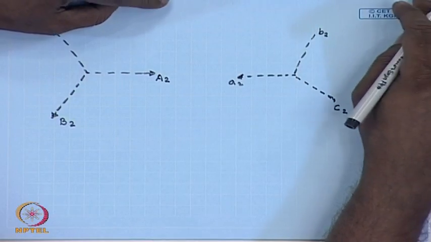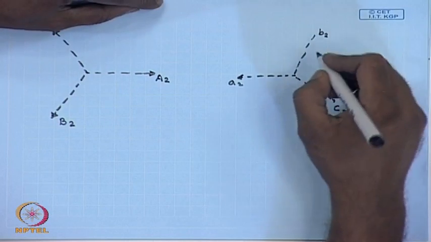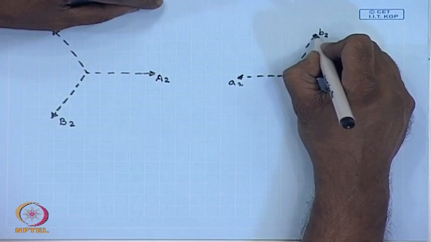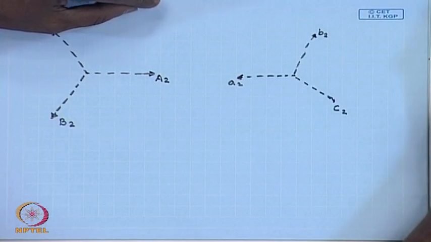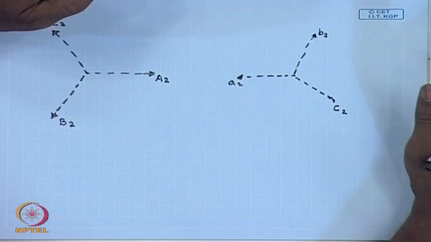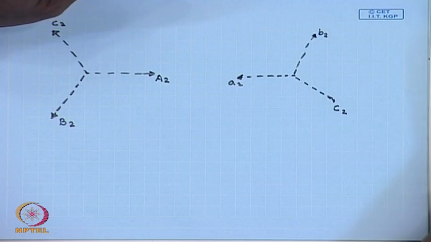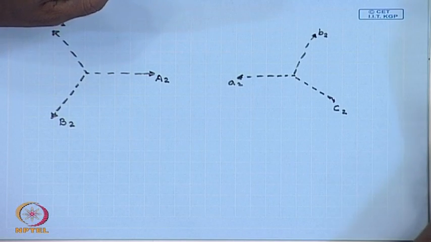Please remember that the connections have to be such that the winding voltages are either in phase or they are in opposite phase. So, what will be the voltages across the windings? It will be the line voltages.